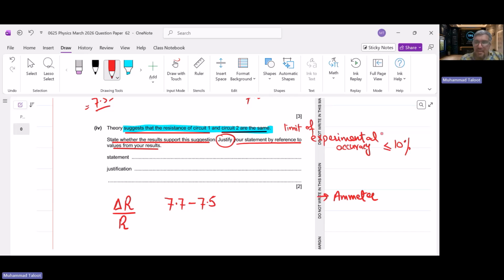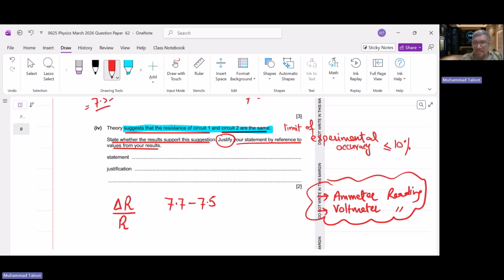This is a very technical point, but ammeter and voltmeter readings are there. So dear students, when this type of question is given, you are measuring the readings. So this R value, remember, will be the R average. This is, by the way, very technical.